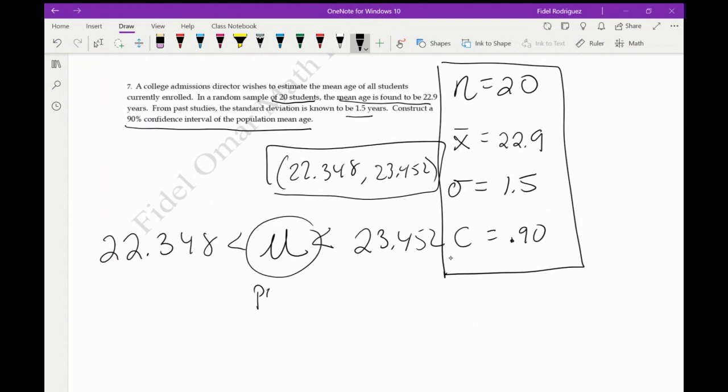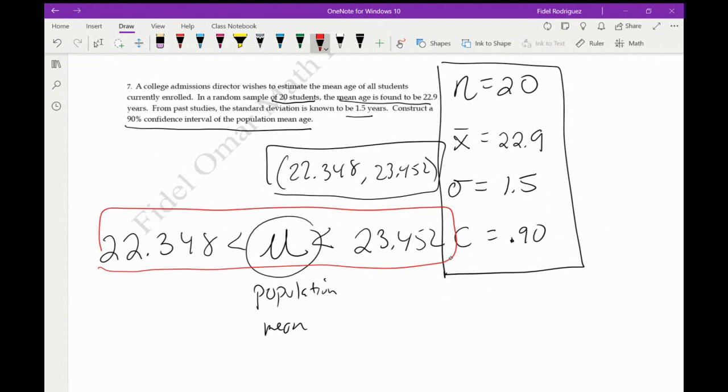Again, this stands for my population mean, right? So what I'm saying is that with a 95% confidence level, the population mean is going to be somewhere between those numbers right there, okay?